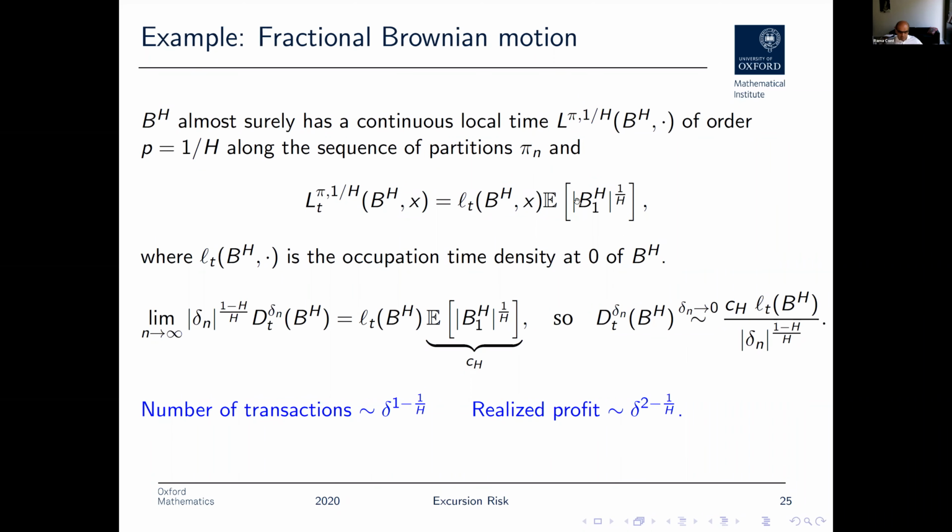In the literature on fractional Brownian motion, what is discussed mostly is the occupation density. For example, this book by Øksendal and Biagini and so on, they discuss the occupation density, whereas for stochastic calculus, as I showed you in the Tanaka formula, what is relevant is the local time of order p, but for fractional Brownian motion, they're the same.